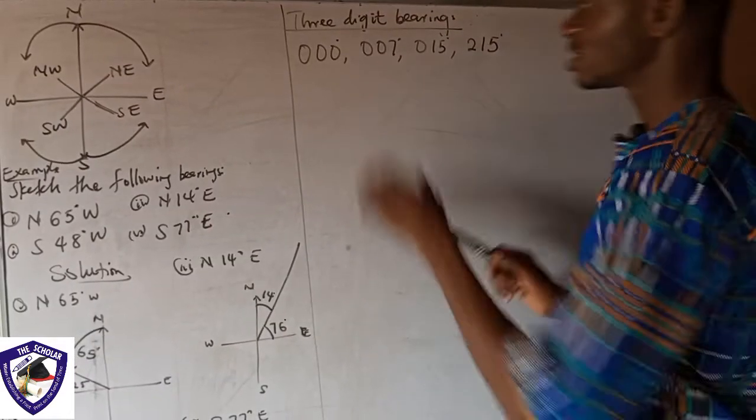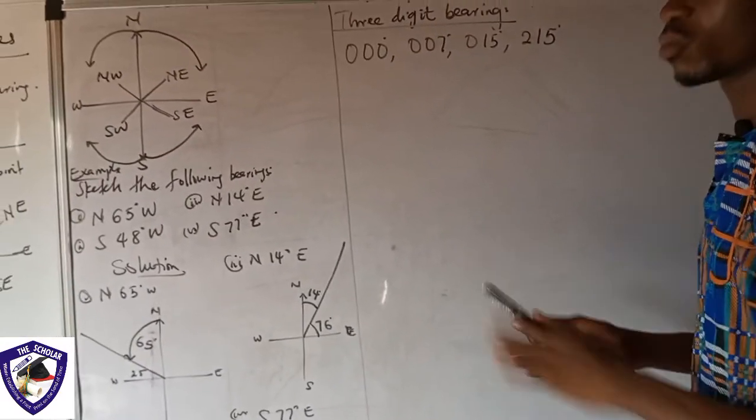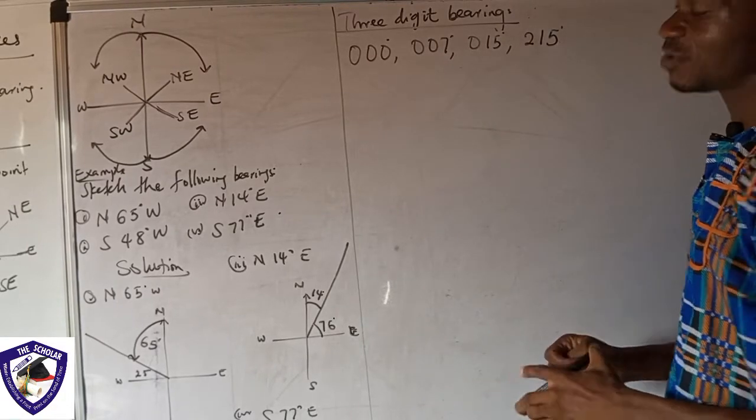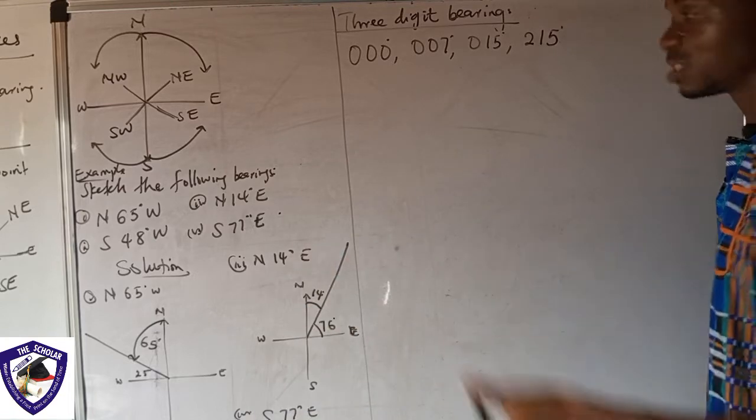So you see everything is 3 digits. No north, no south, no west, no east. So that's why we call it 3-digit bearing. And you can interconvert. You can convert from 3 to 2 and from 2 to 3-digit bearing.